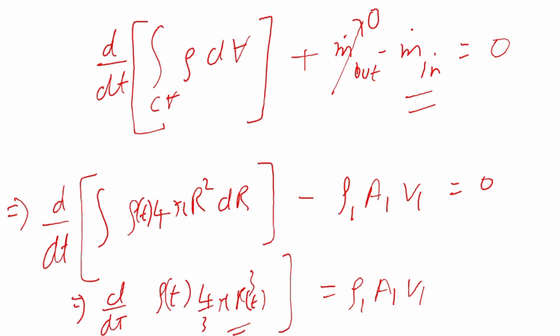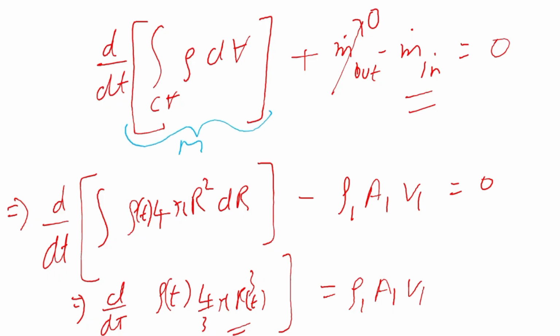So for the first step, the first problem, you didn't have to integrate at all. You could have identified that this integral is just the total mass of the system.